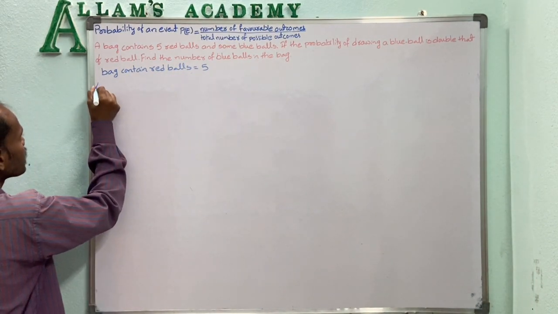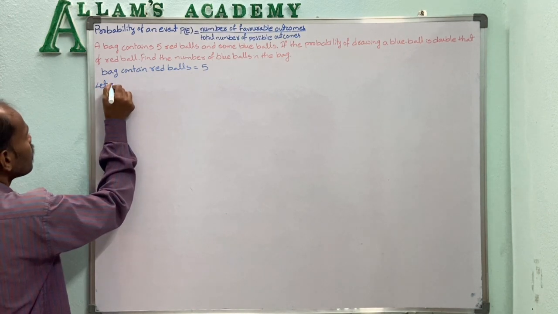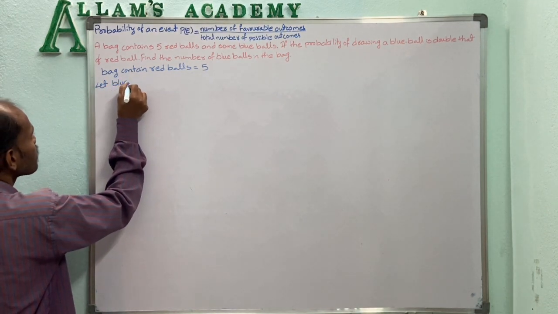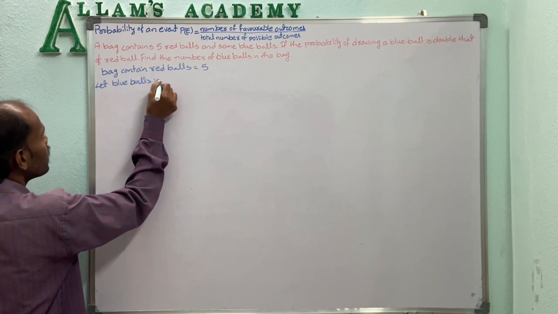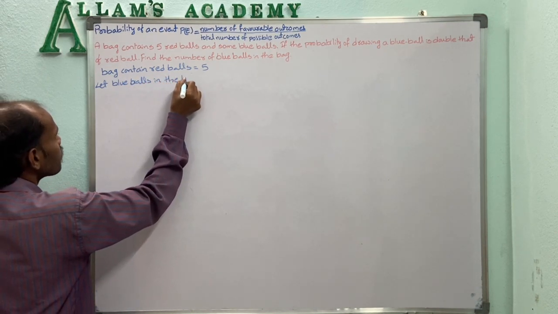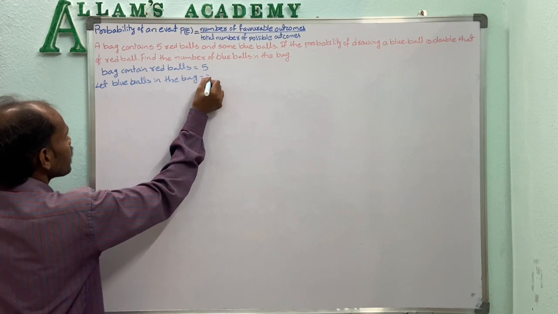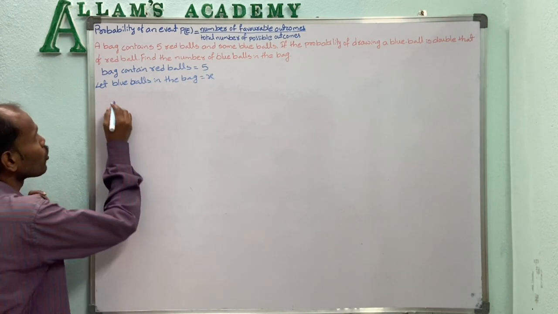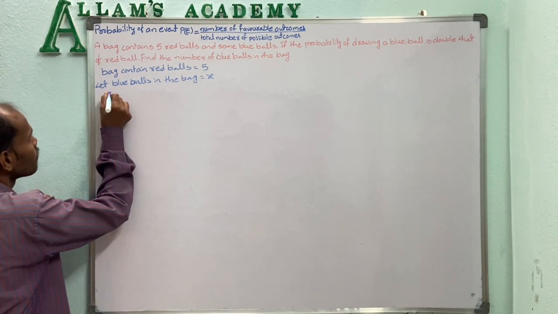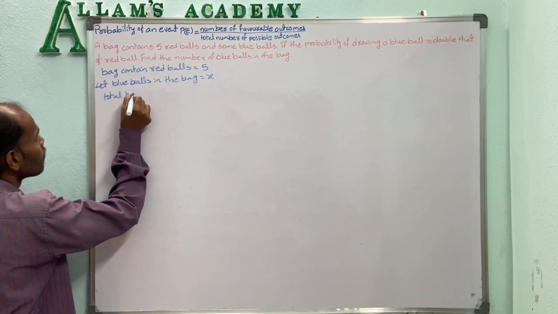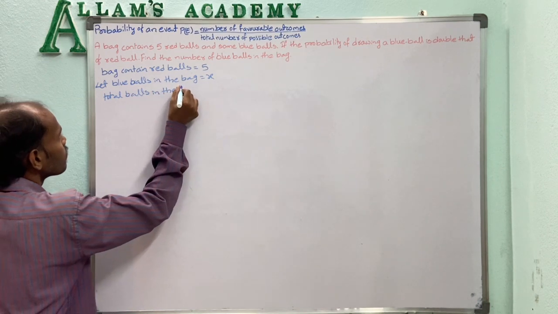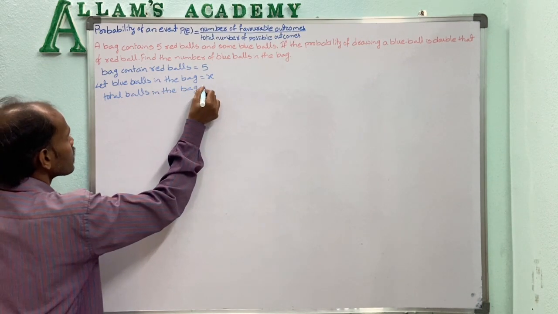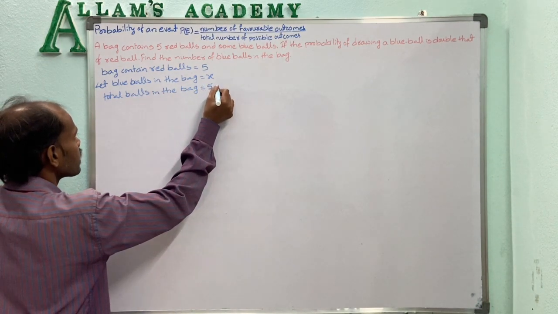So let the number of blue balls in the bag be x. So the total balls in the bag is equal to 5 plus x.